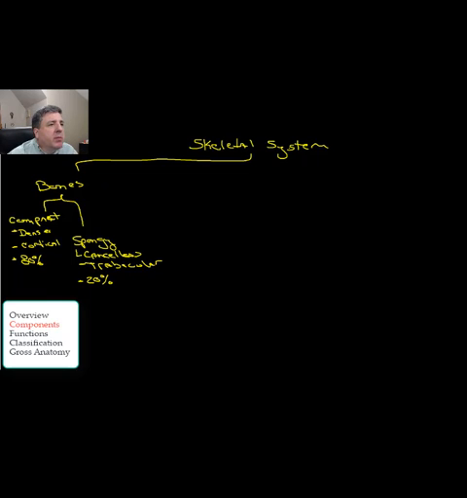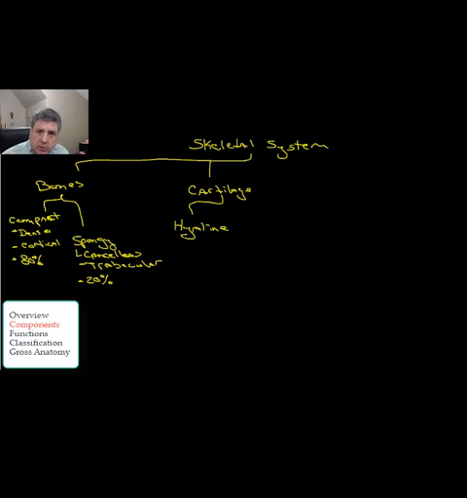Another structure that makes up the skeletal system is going to be cartilage. Okay, and there's going to be two different types of cartilage. First type is hyaline. And hyaline cartilage is going to be located on the ends of the bones. This is going to be the articulating surface of the bone. This is where you're going to find this. You also find it within the growth plate of bones.